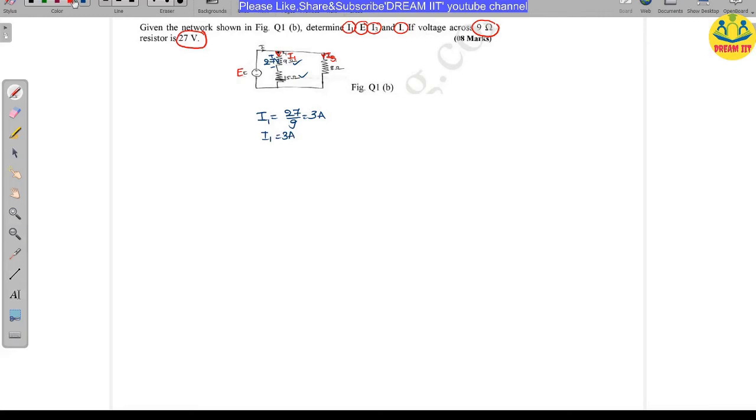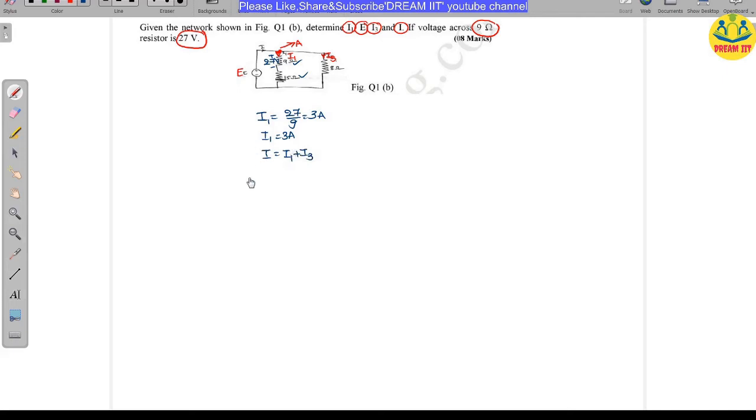If you apply KCL at this node, node A, the current entering is I, which equals the currents leaving that node, I1 plus I3. I know the I1 value, but I don't know the I3 value, which I have to calculate.